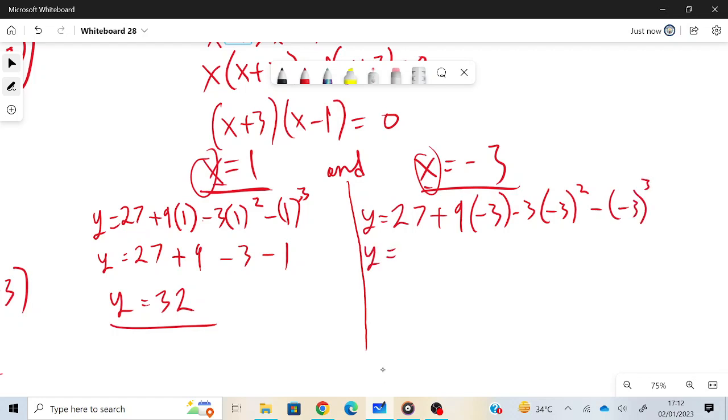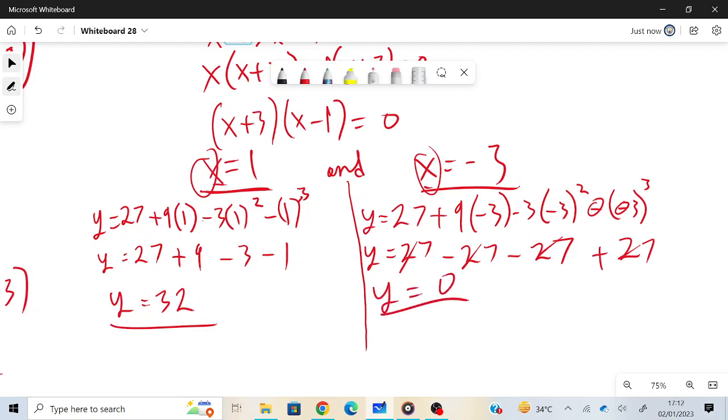So this would be y is equal to 27 minus 27, minus 3 squared would give you positive 9 times minus 3 again would give you another minus 27, and minus 3 cubed would give you minus 27, but 2 minuses over here would give you plus 27, so this would be plus 27 again, and this can cancel and this can cancel, so our y is 0. So when x is equal to minus 3, our y is 0.